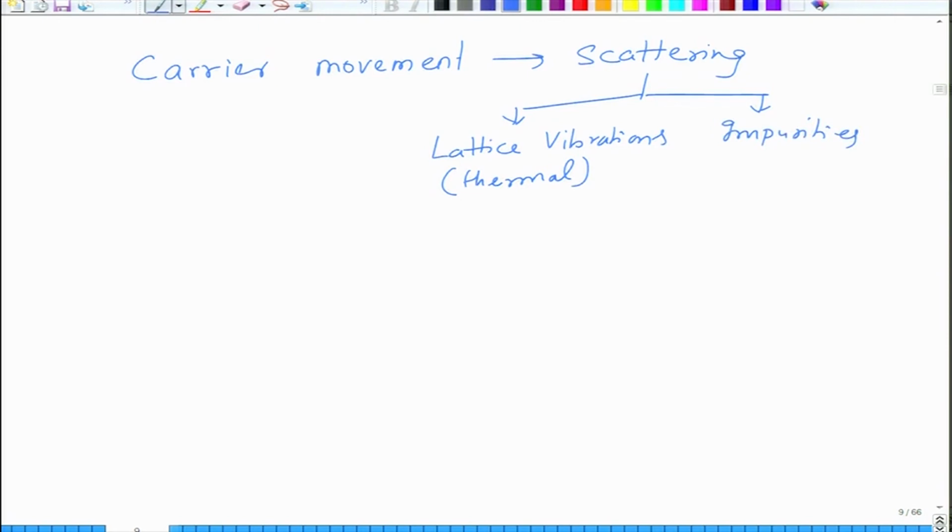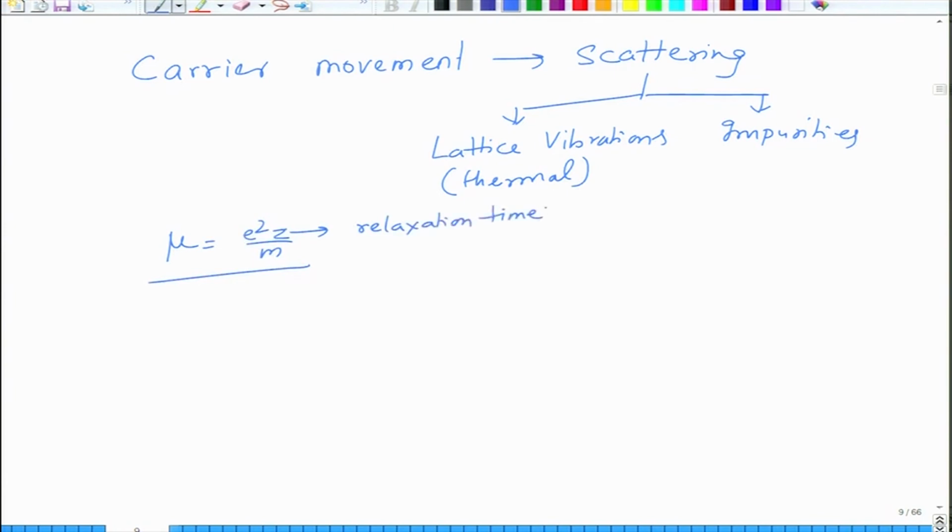When you have this scattering taking place, mobility depends upon the relaxation time, so mu is equal to q square tau divided by m. This tau is the relaxation time.